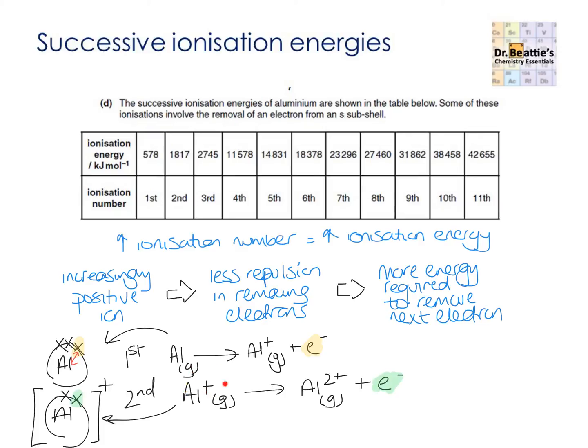And so in this aluminium cation, there is less repulsion in the remaining electrons, and so if there's less repulsion, there's more of a nuclear attraction between this electron and the nucleus, and so we require more energy to actually remove this. And that's why we can see this rise here to 1817. And this trend carries on increasing as we go through the ionisation because we've got that increasingly positive ion.